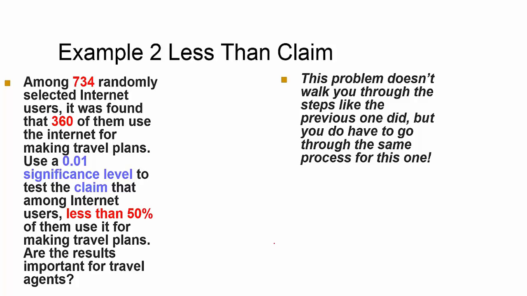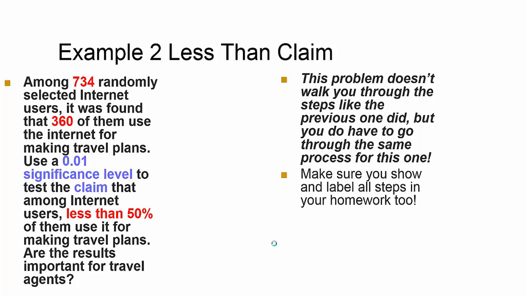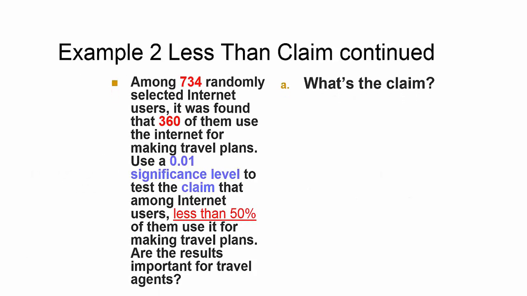So the first step is maybe looking in the problem, and we want to set up the claim first using symbols. So let's go ahead and do that now. What is the claim? We're testing the claim that, following this statement, this is what you're focusing on: among internet users, less than 50% of them use it for making travel plans.